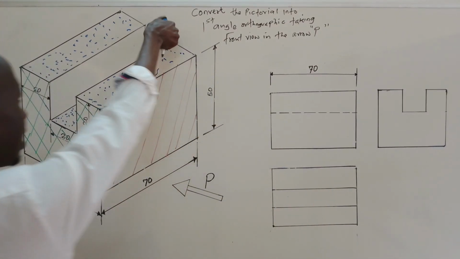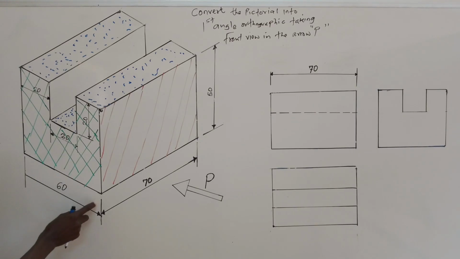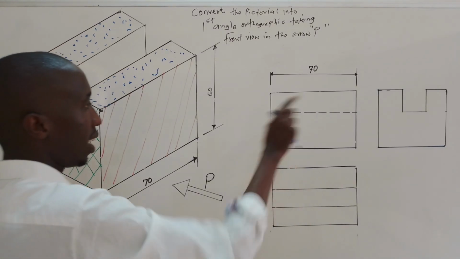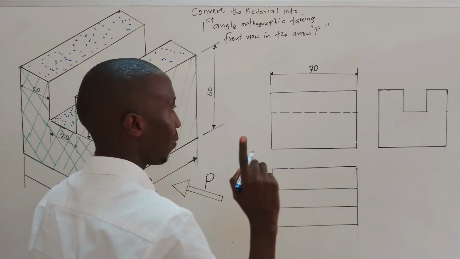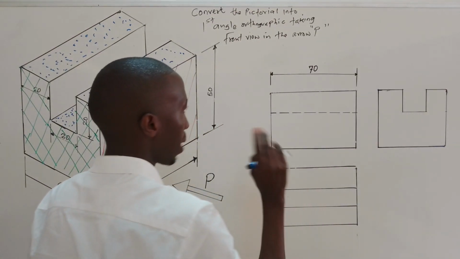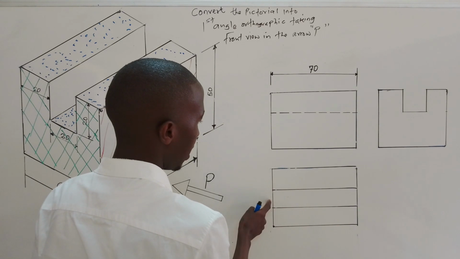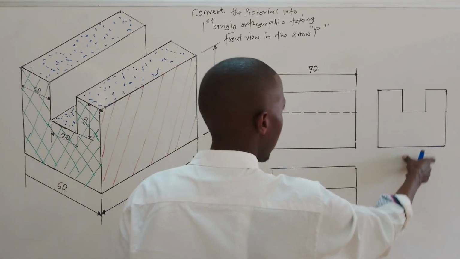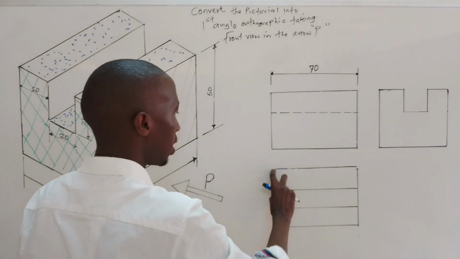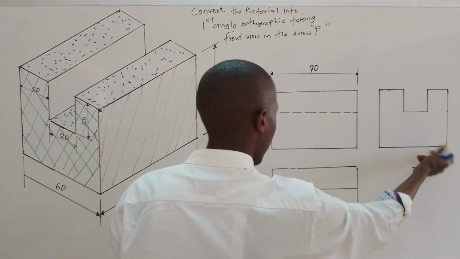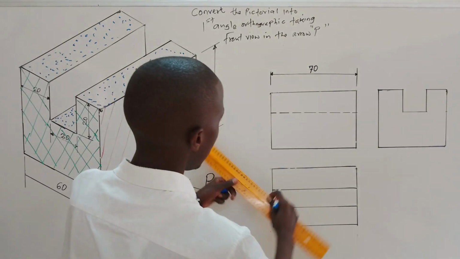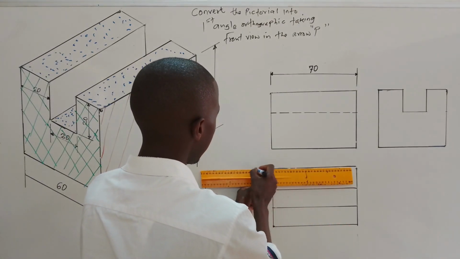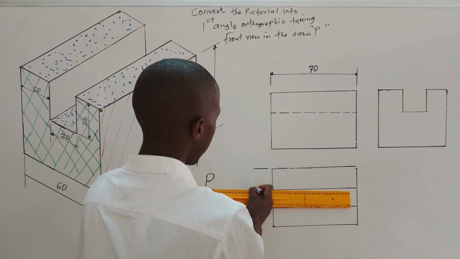And we know that this length is the same as the length of the end elevation. So I'll just make one dimension. Then I will do an overall here, so that this is 20, this is 20, and the overall is 60. You can subtract, then you get the remaining. So maybe I will do here 20, 20, 20, 20.